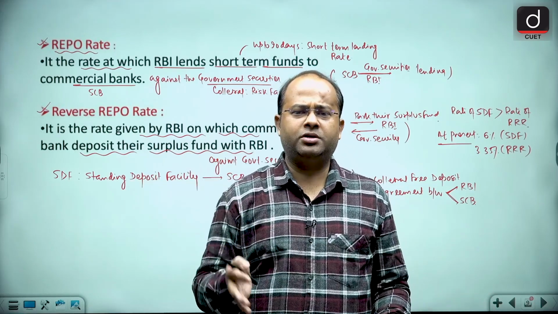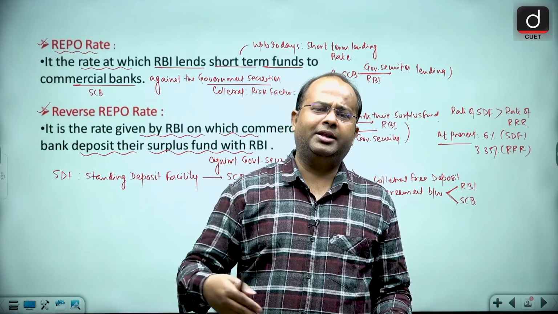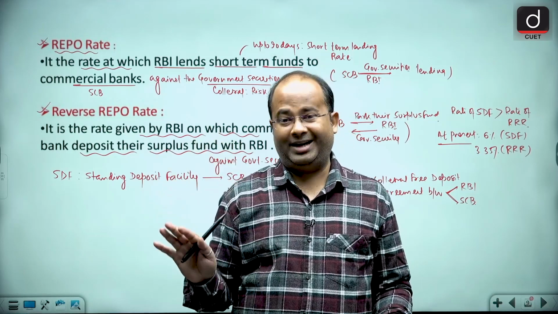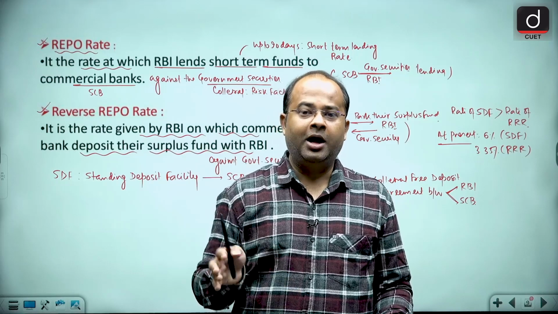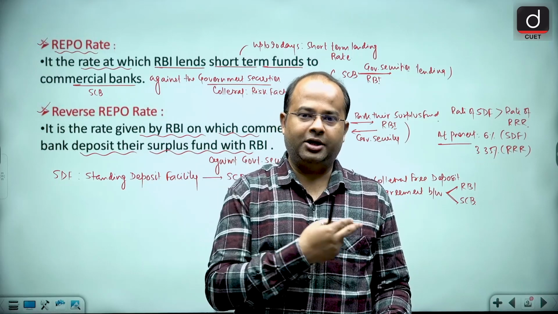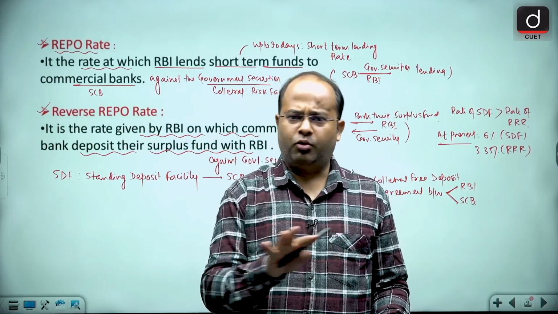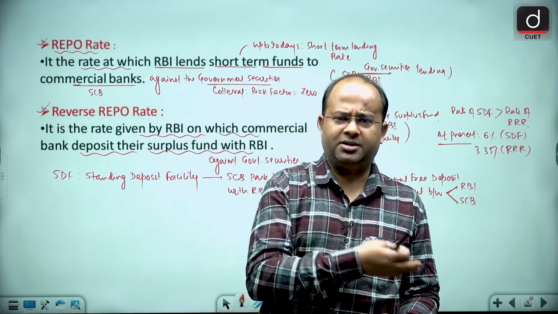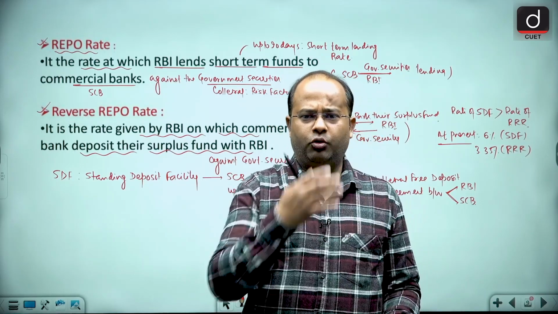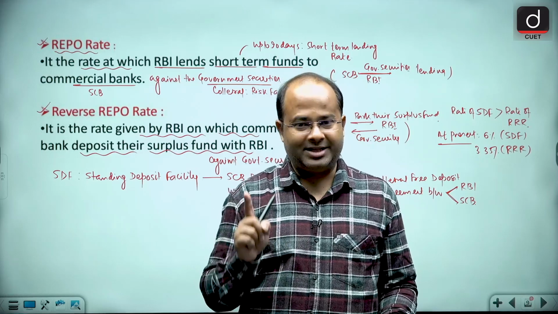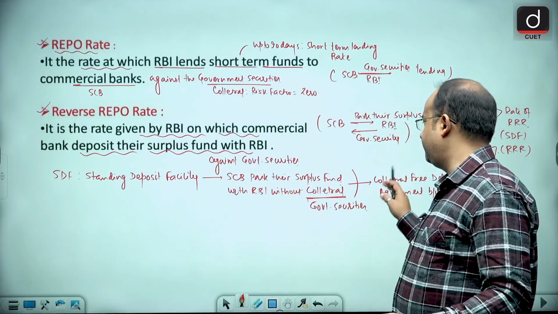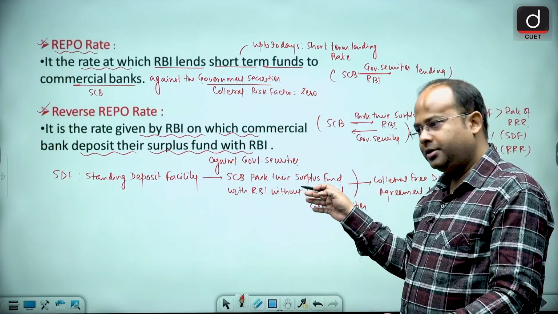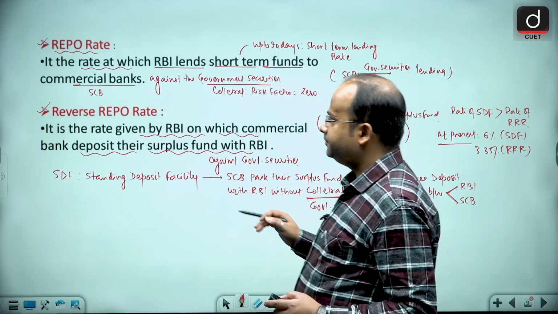But if the situation of the bank is pretty comfortable, then they can go for reverse repo rate as well. So both options RBI has given to scheduled commercial banks. If you want to earn more interest, go for SDF. And if you are okay with the existing rate of interest, that is 3.35%, you can go with reverse repo rate. Is that clear? So in SDF it is a collateral free agreement between RBI and scheduled commercial bank.